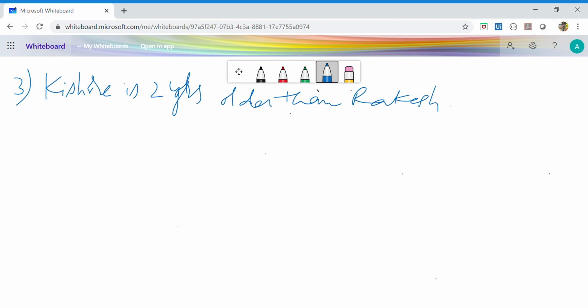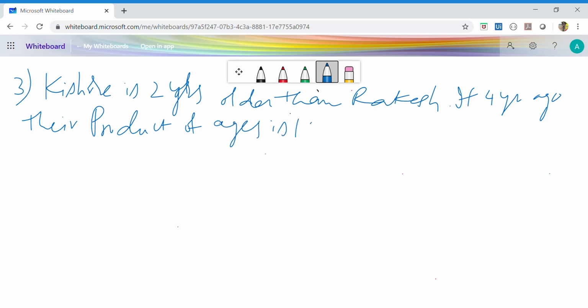If 4 years ago, their product of ages is 120, find their ages.